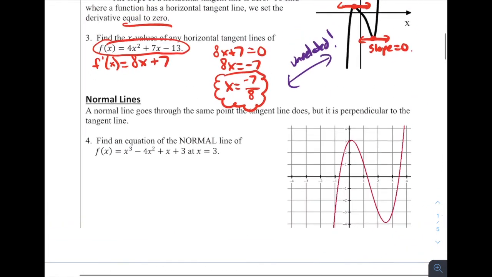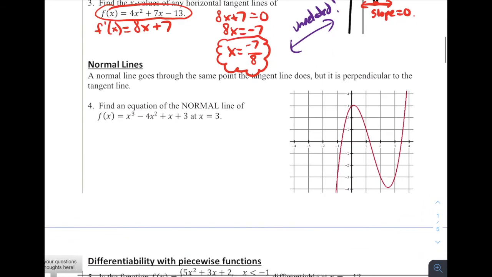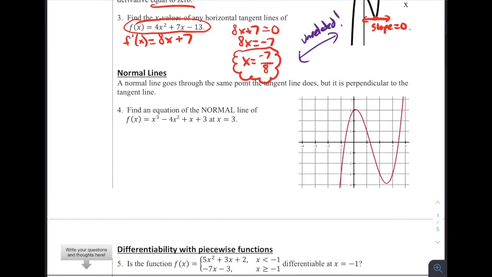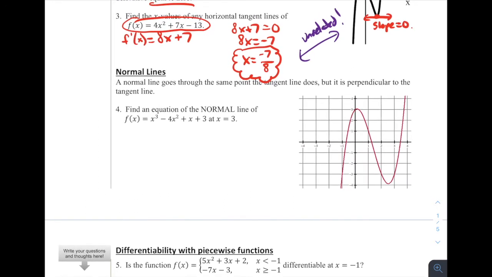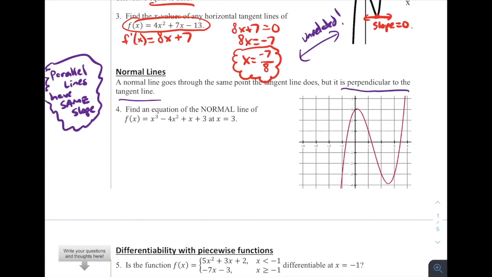Normal lines. All right, so we talked last lesson about parallel lines. I want to remind you, parallel lines from Algebra 1 have the same slope. A normal line goes through the same point the tangent line does, but it is perpendicular to the tangent line.